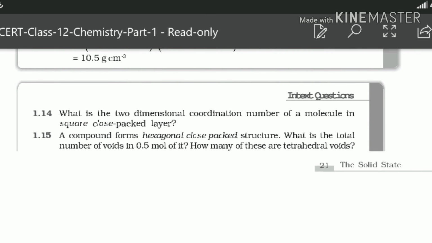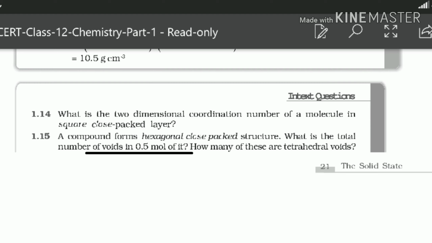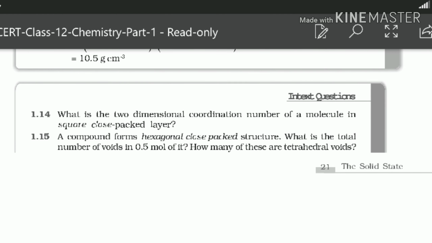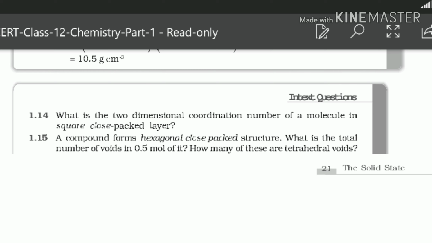So here what is given? It is given that we have 0.5 mole of a compound. We have only 0.5 mole of the compound. So we have to use our brain with this given condition to find out the number of voids.